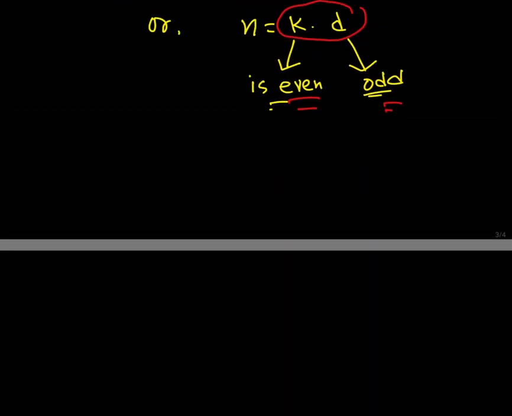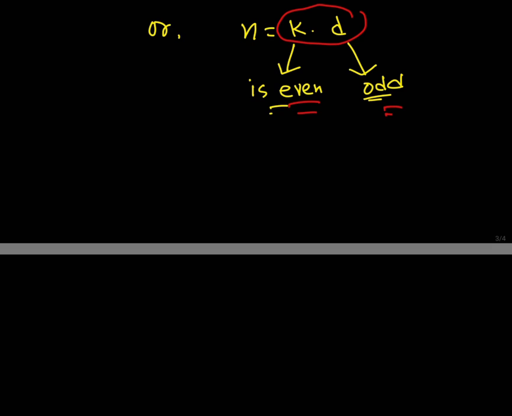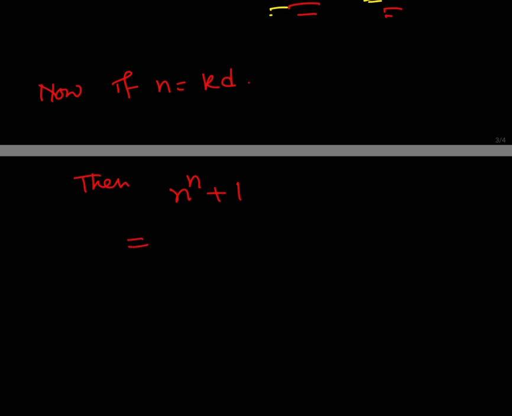So if n equals kd, then n to the power n plus 1 is n to the power kd plus 1.